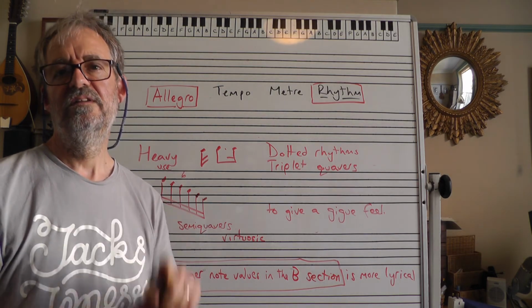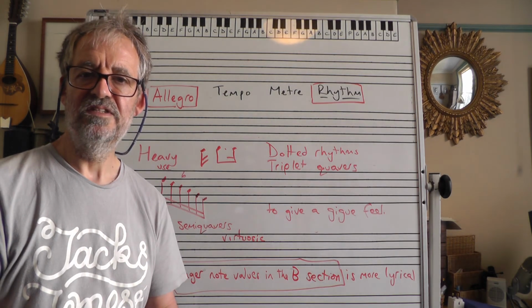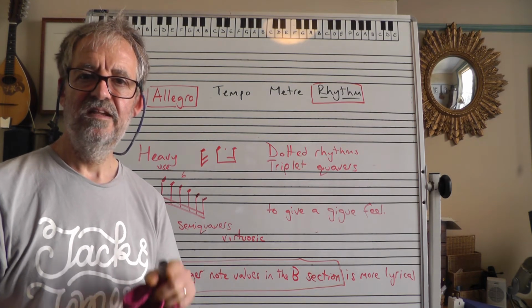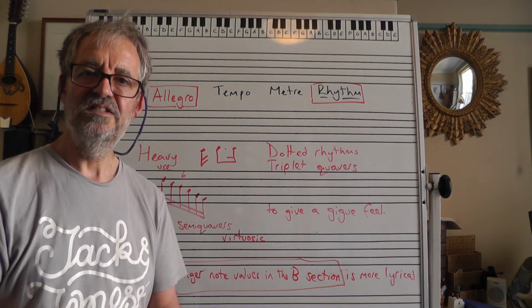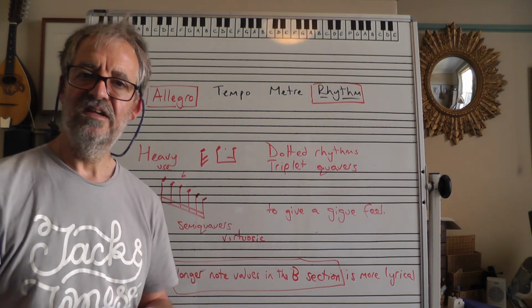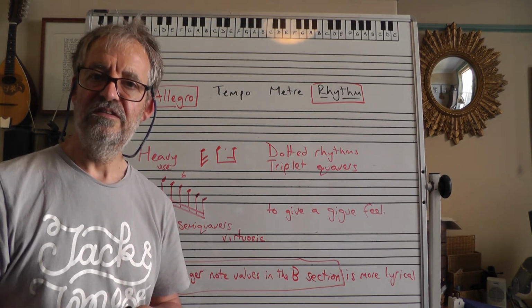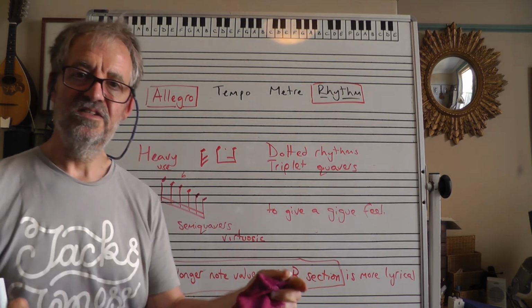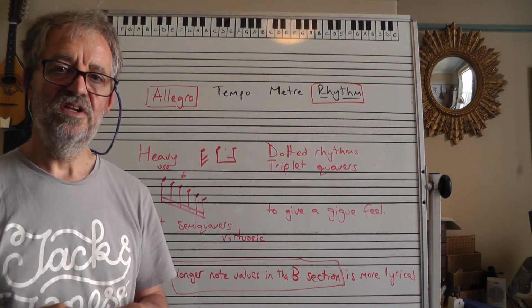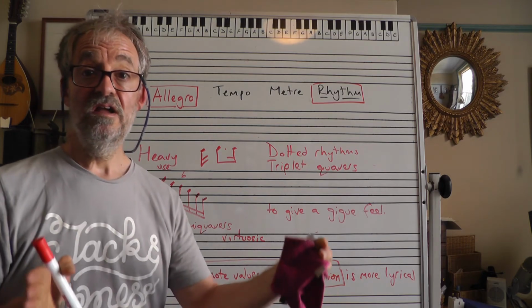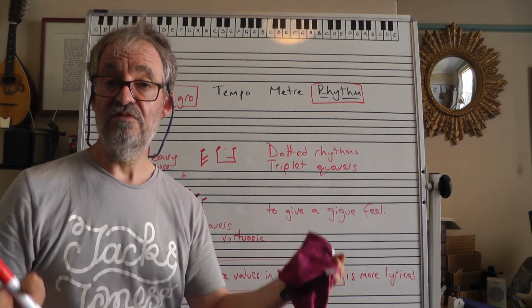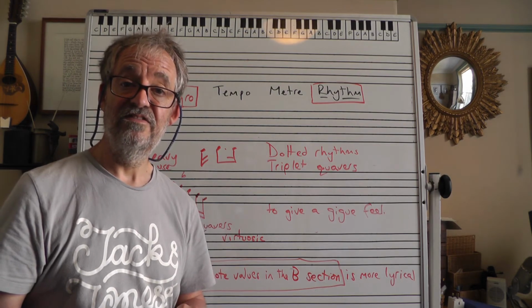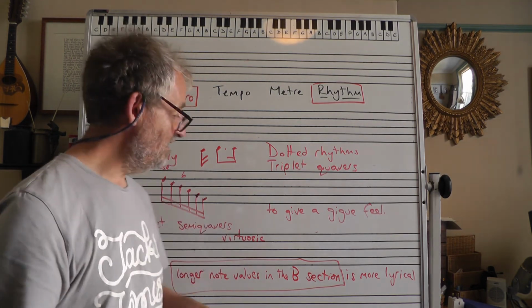Triplet quavers. Some dotted quavers, a dotted feel. Okay? Long passages of triplet quavers, giving a compound G feel, which is true of the type of movement we've got. Long passages of sextuplet semiquavers, because it's virtuosic. Long passages of the same note value, because it's Baroque, and Baroque music likes to have spinning out of ideas.